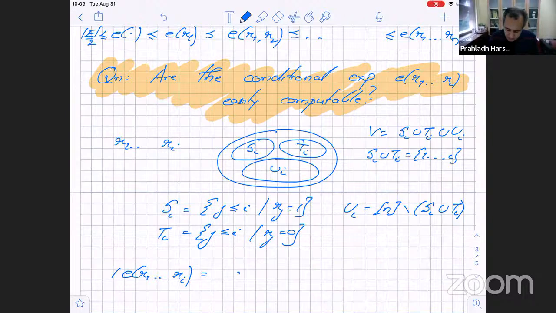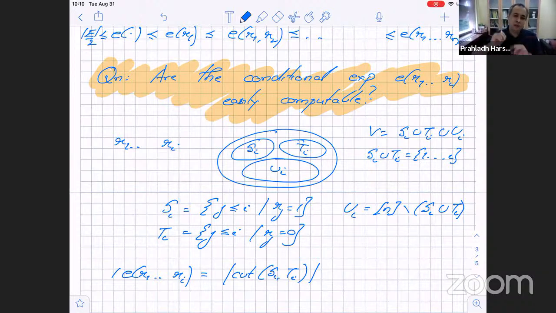What will this be? Certainly it's going to include all the edges between Si and Ti. And for every other edge, you have to find out what is the probability. Is it going to be cut or not? Notice for every other edge, there's a half probability it will be cut and a half probability it will not be cut. This edge could be either an edge completely within Ui or having one point in Ui and another point in Si or Ti.